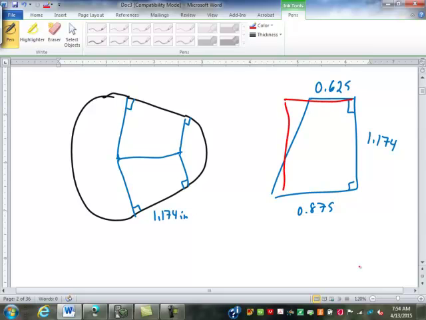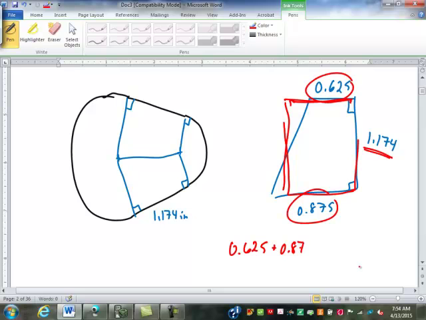Perfect. Remember, we turn things into rectangles. That trapezoid can be turned into a rectangle. It still has a height of 1.174, but its length is the average of the two bases. So 0.625 plus 0.875 over 2 to average them together. If you're doing that on your calculator, make sure you add them, hit equals first before you divide by 2, and then times the 1.174.